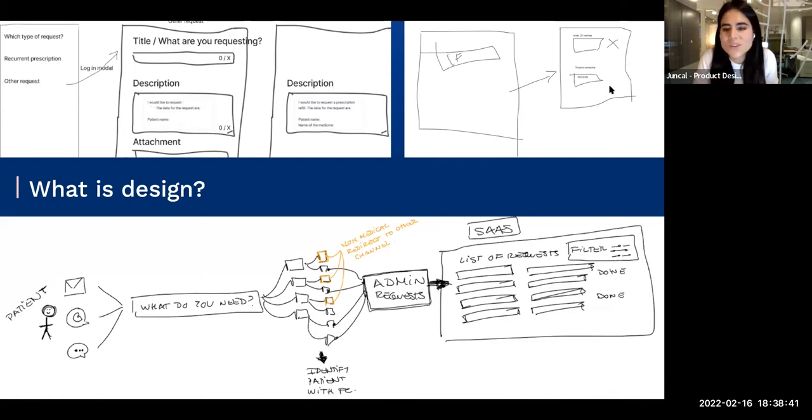But in digital products, this is not true anymore. So what we do, and what I like to do, is that at the end of the second diamond you have a solution defined in the sense of a direction, a concept of a solution, right? A very broad solution, which can be something like that.